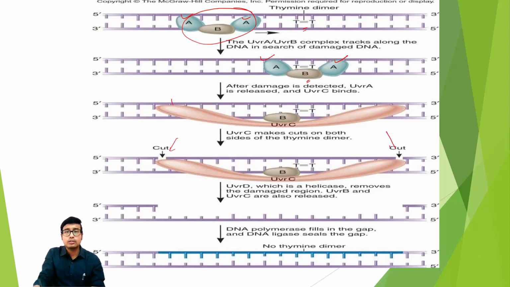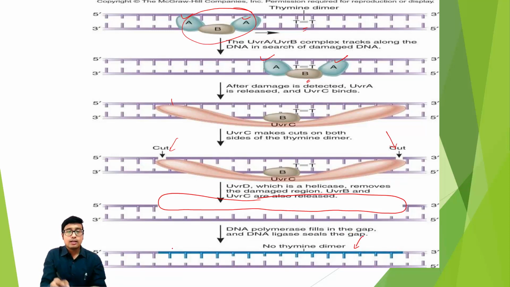So both the 5' and 3' nicks will be formed by this UVRC, and ultimately UVRD will come and remove this segment. So a gap has been formed. It has an inherent helicase activity. The gap is refilled by DNA polymerase, and DNA ligase comes and seals it.